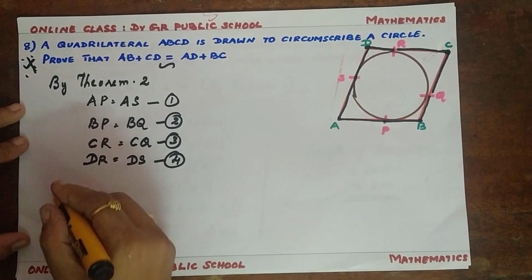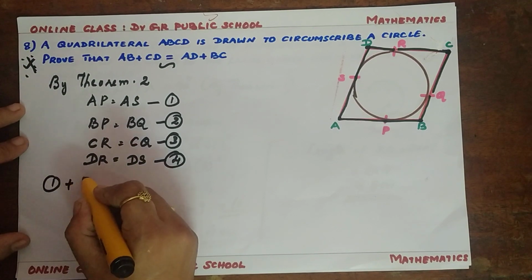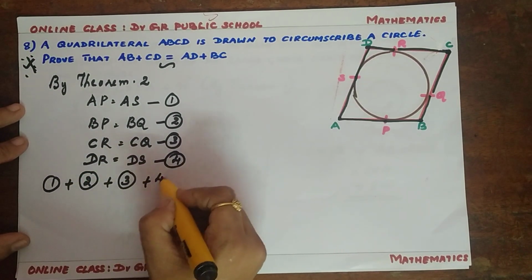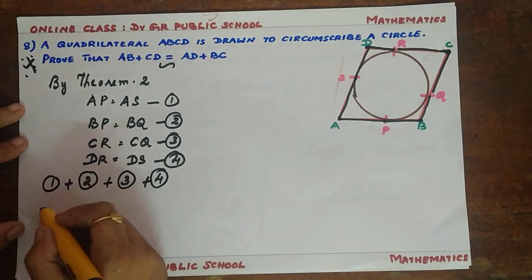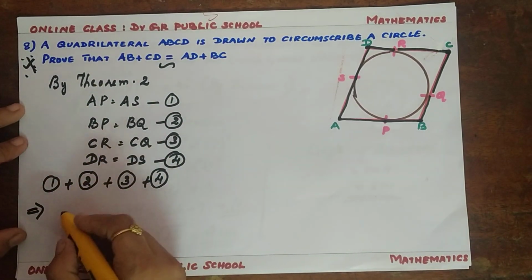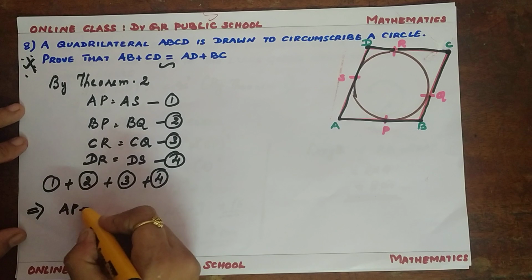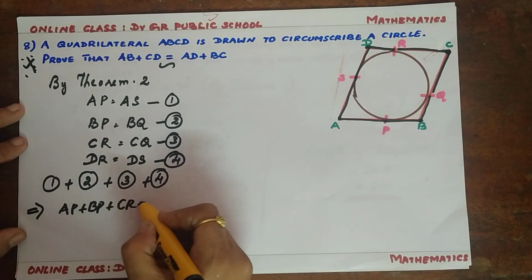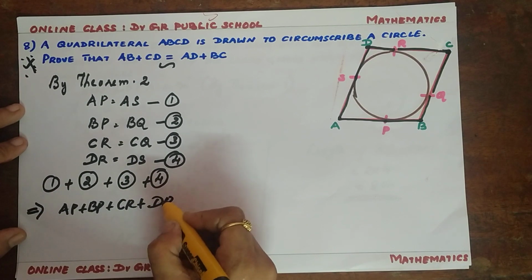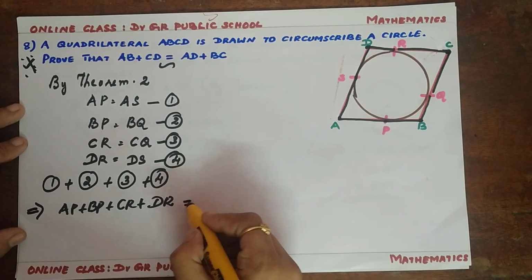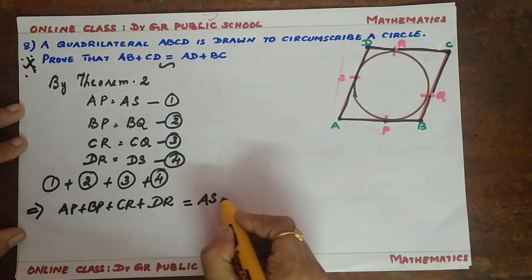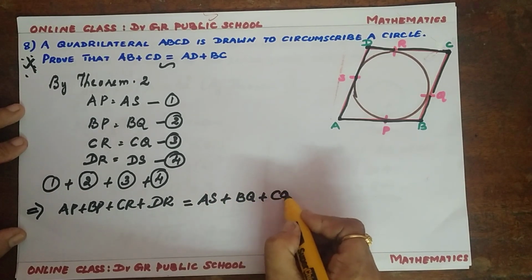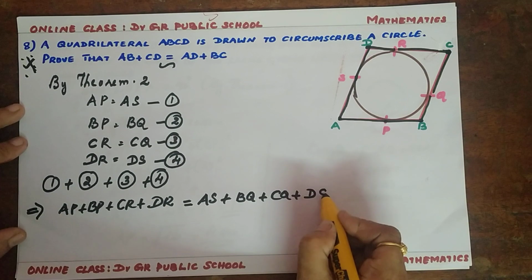Now what I am going to do is add up equations 1, 2, 3 and 4. How to add 4 equations? You need to add up the left sides at first: AP plus BP plus CR plus DR, which is equal to AS plus BQ plus CQ plus DS.